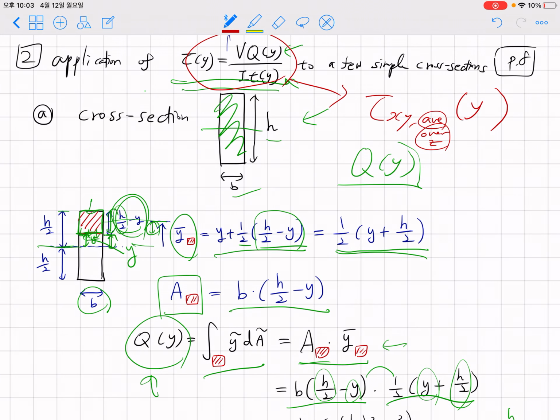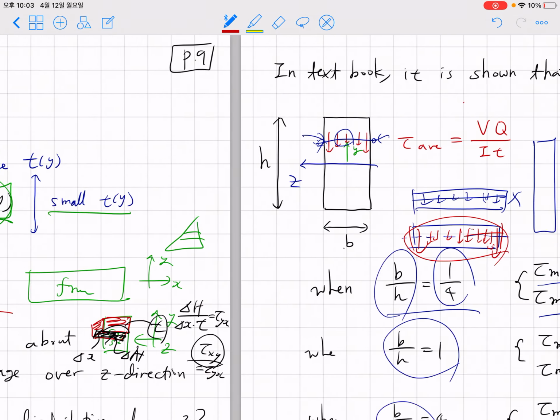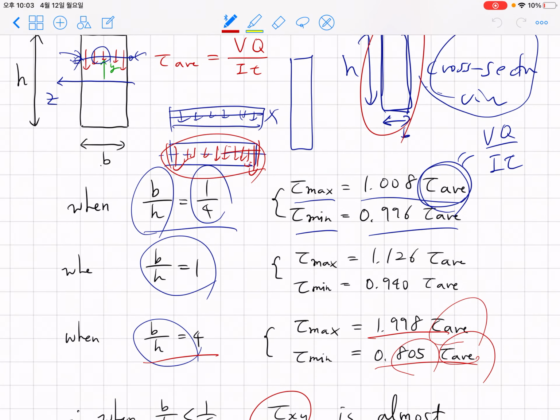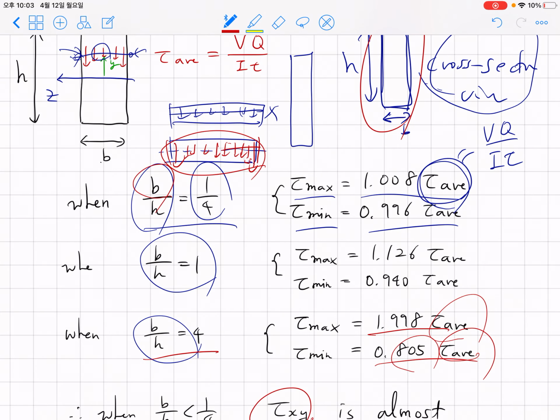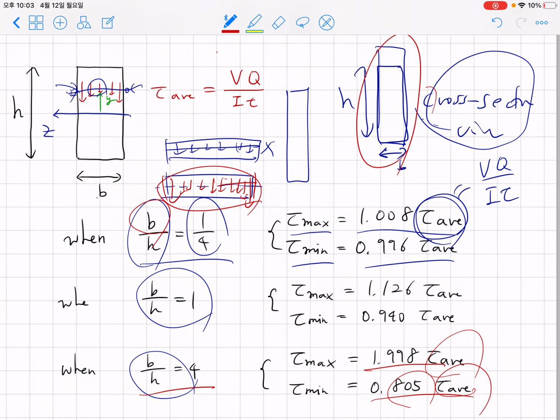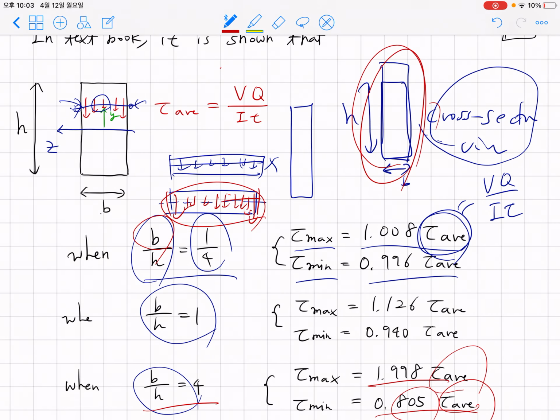Regarding the distribution, please keep this in mind, and also remember that when b is about a quarter of h, when we have this tall cross section, you can assume that tau xy is almost uniform over the entire g direction. With this, let me finish the first lecture on shearing stress.